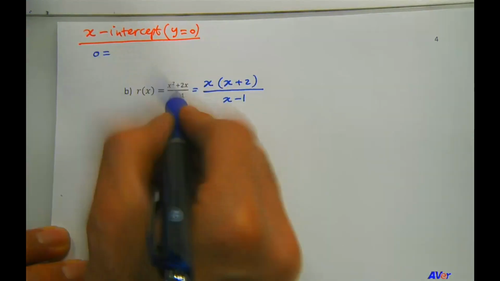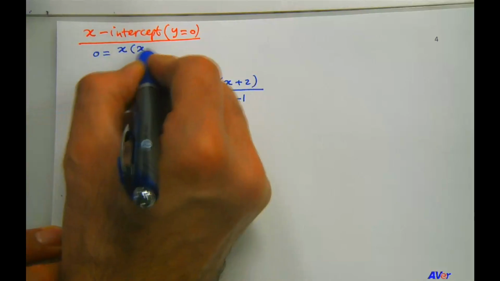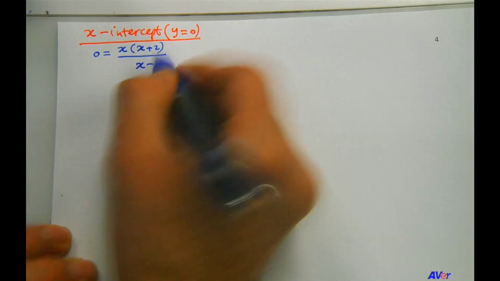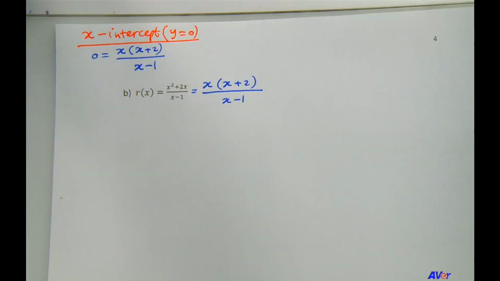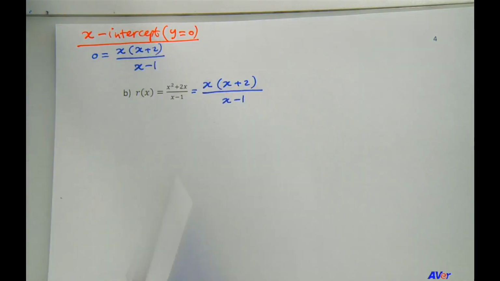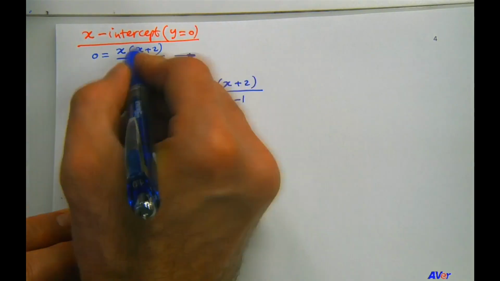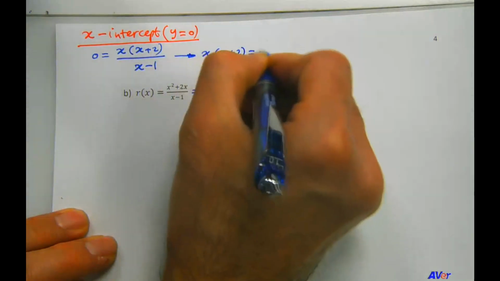So 0 equals all of that, x times x plus 2 divided by x minus 1. So when is a fraction equal to 0? When the numerator is equal to 0. So this equation tells us that the numerator must be equal to 0.